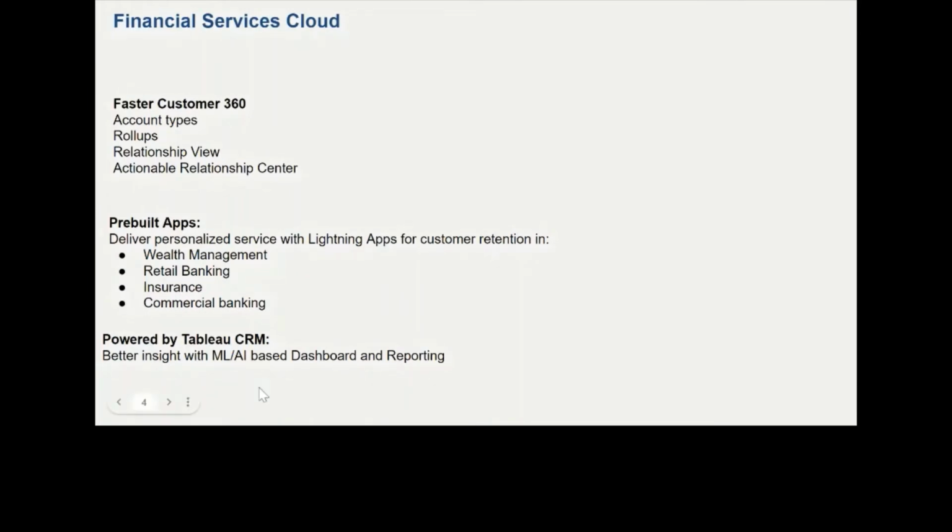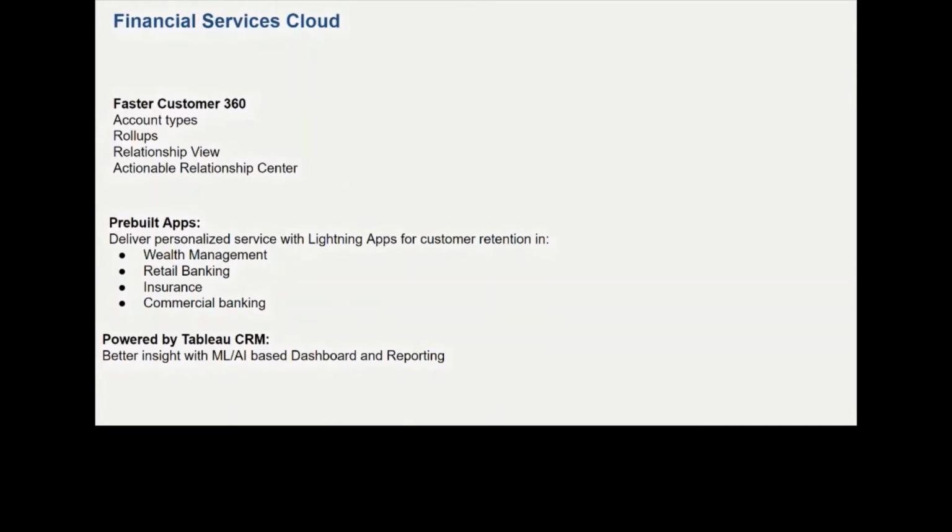FSC comes with some built-in apps: wealth management, retail, insurance, commercial banking. The customer can choose to configure or utilize the app based on their business stream. If they are in retail banking, they can just unpack the retail banking related functionalities or modules.